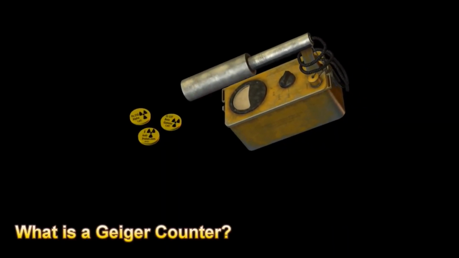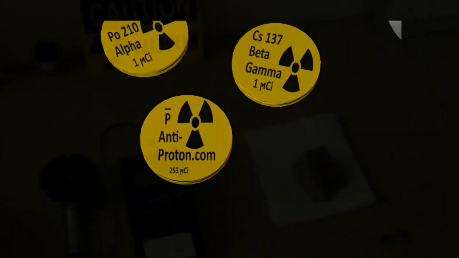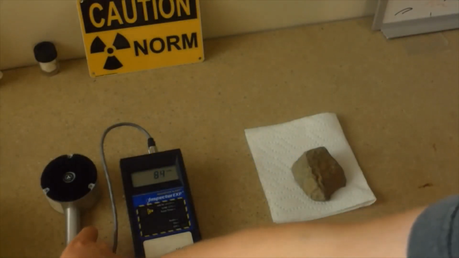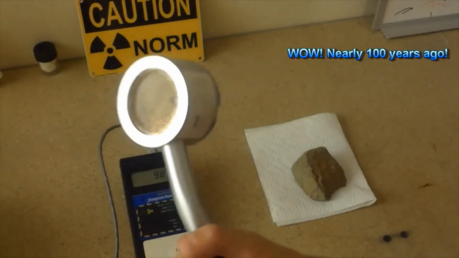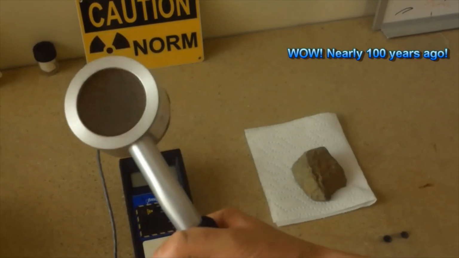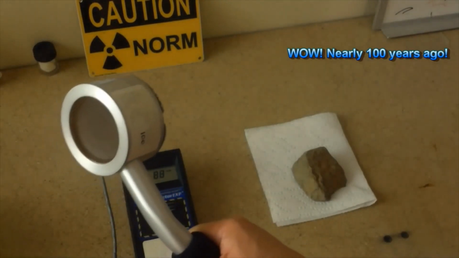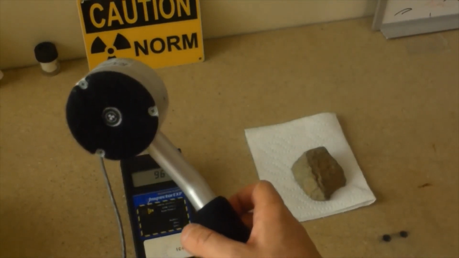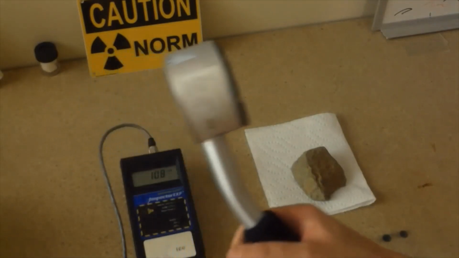What is a Geiger counter? First developed in 1928 by doctors Geiger and Mueller, the Geiger counter was a device designed to determine whether or not an object was radioactive and emitting radiation, and to potentially count and determine how radioactive an object was.